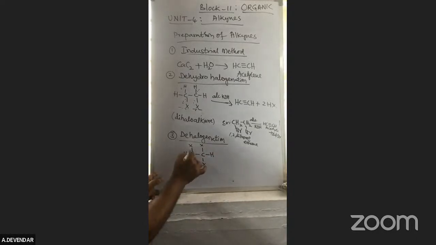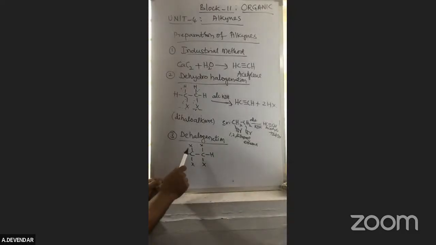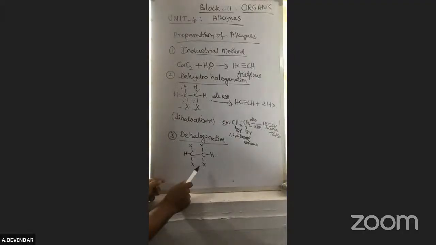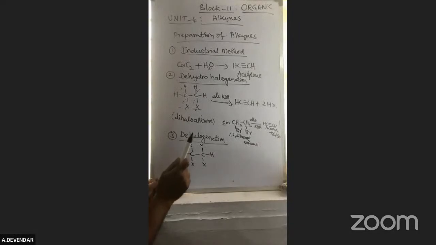Can anybody say the name? What is the name? Try. Okay, tell me. First carbon, 2 halogens are there, and the second carbon, 2 halogens are there. 1,1,2,2.